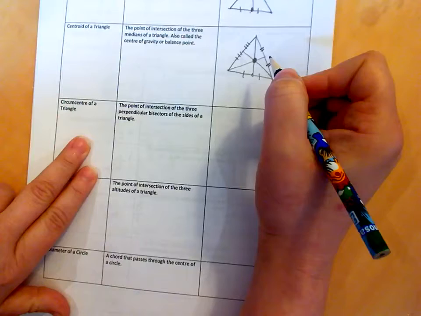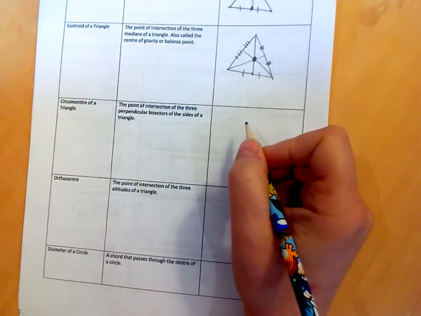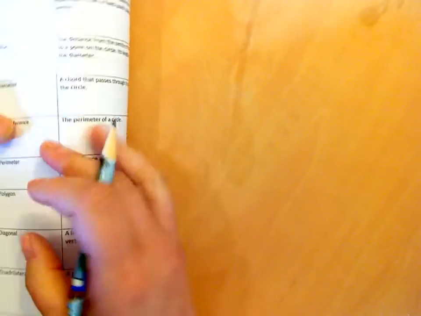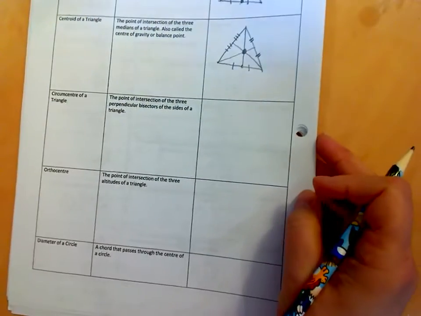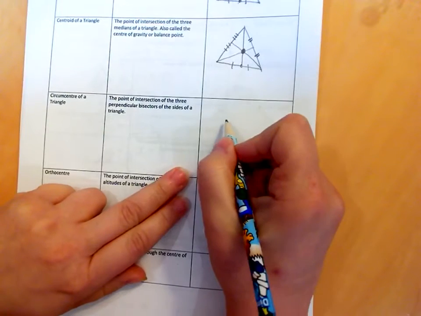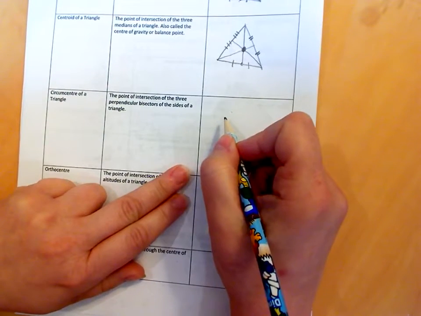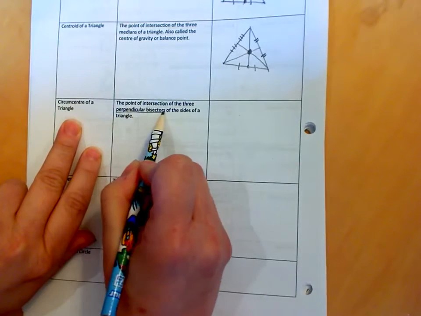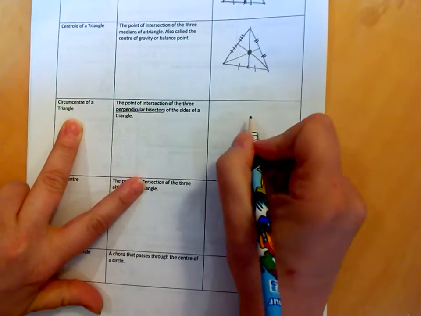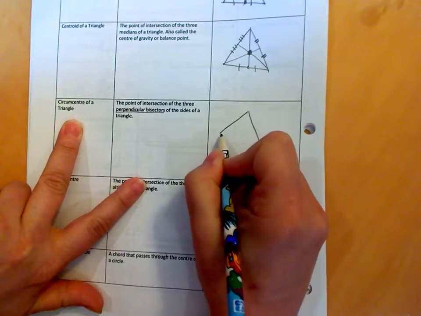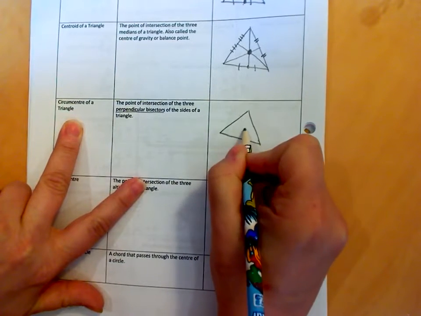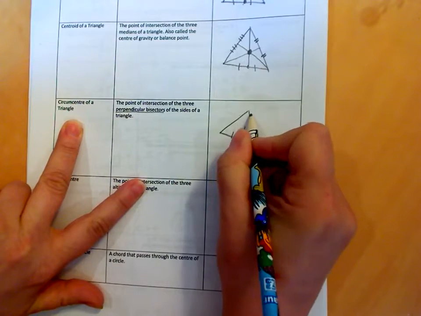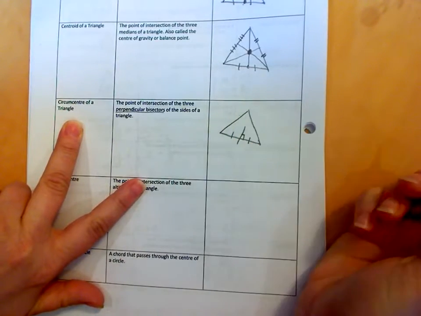The circumcenter is, hang on a second, it would be read much better if we did it this way. First, let's talk about a perpendicular bisector, even though this says circumcenter. A perpendicular bisector, which is sometimes called a right bisector, is this. It goes through the midpoint at 90 degrees. Sometimes it ends up going through the opposite vertex.